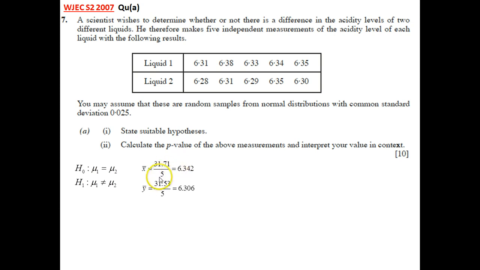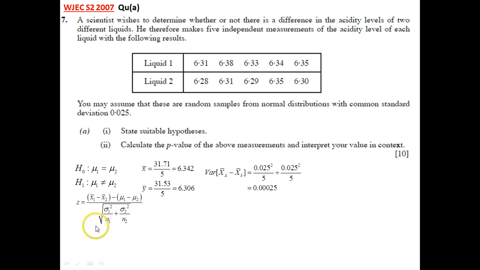So we need the mean of x bar and the mean of y bar. Then we need the variance of the combination, so we add the two separate variances, dividing each one by its own n, and we get 0.00025.